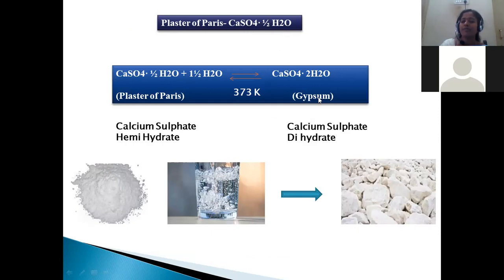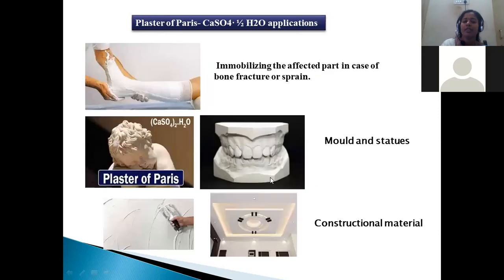It is manufactured from the starting material gypsum. When gypsum is heated at 373 Kelvin, calcium sulfate hemihydrate along with water will be formed. Here, calcium sulfate hemihydrate, that is plaster of Paris, can be added with water so that hard gypsum will be generated. So that means the reaction is reversible.